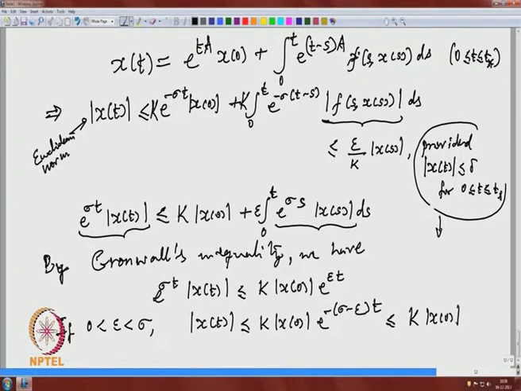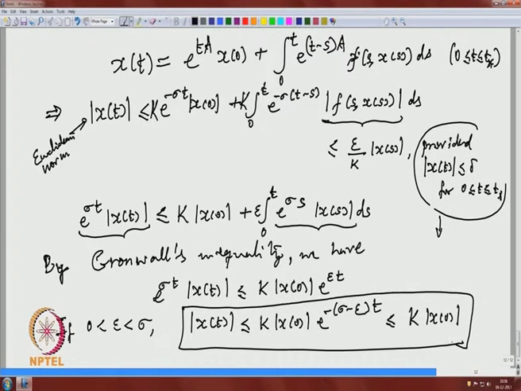Okay. So, this is the crucial inequality we have obtained. You have to remember that all these things are derived provided x t is less than or equal to delta. So, we have to somehow now assure that x t will remain less than or equal to delta.